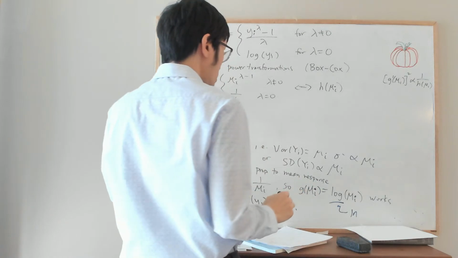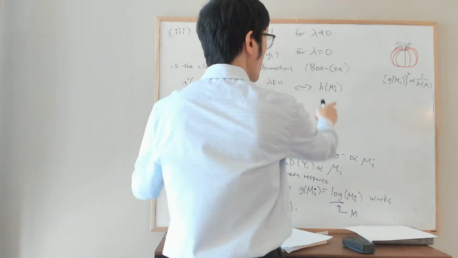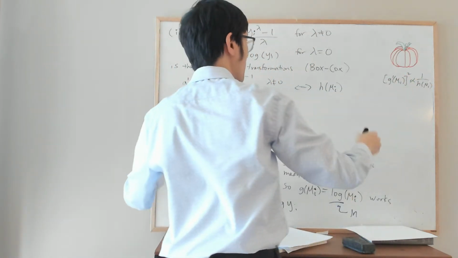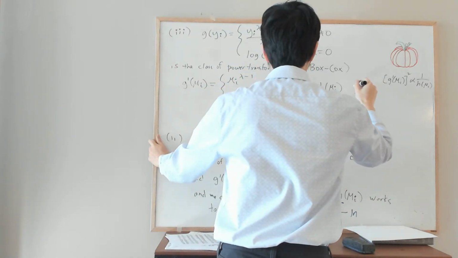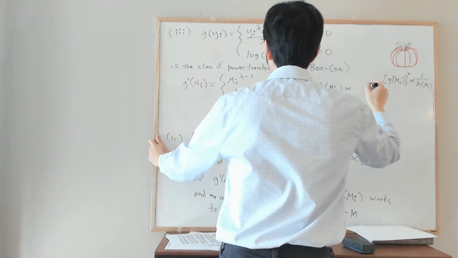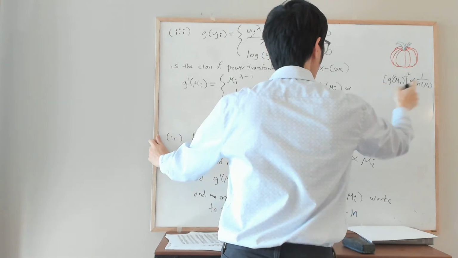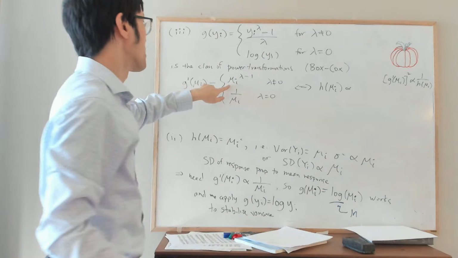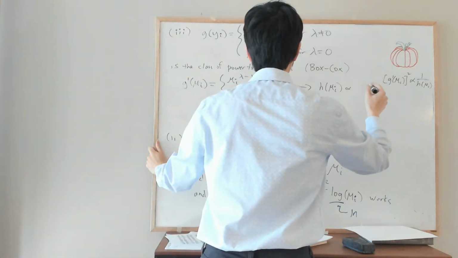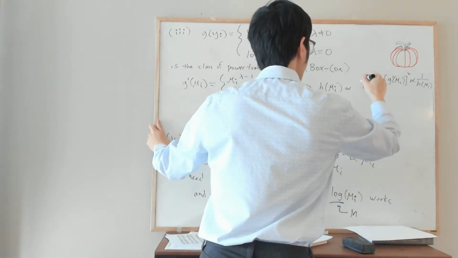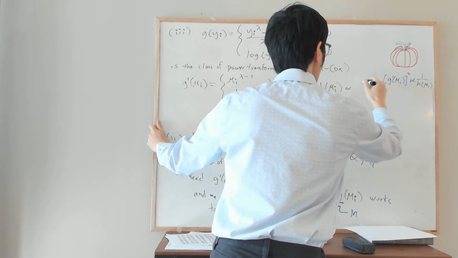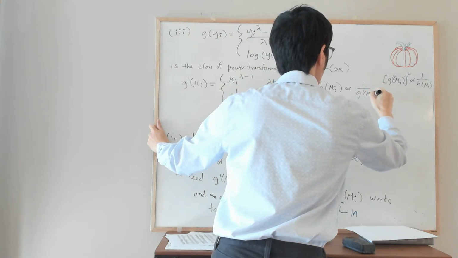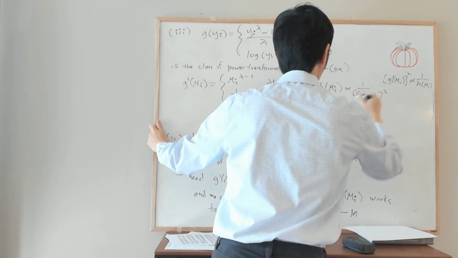So you just flip this around, take the reciprocal, and you get that it addresses transformations of the form mu i to the power of 2 times lambda minus 1, squared.